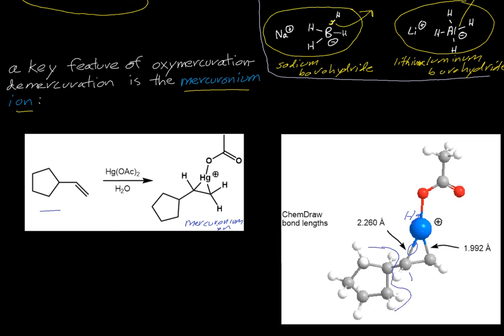The more substituted carbon, right, is right there in the structure. Because of the size of the mercury atom and the steric effects of the larger carbon group on this side, it makes this bond stretch, and so this bond is now longer and weaker because of the stretching.